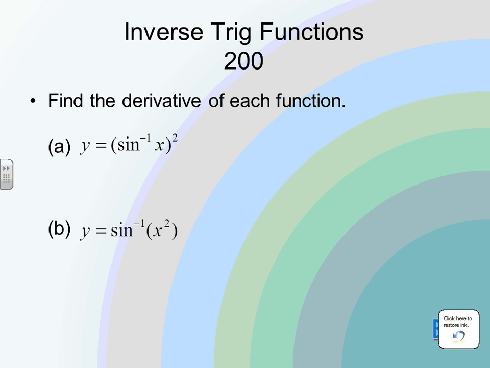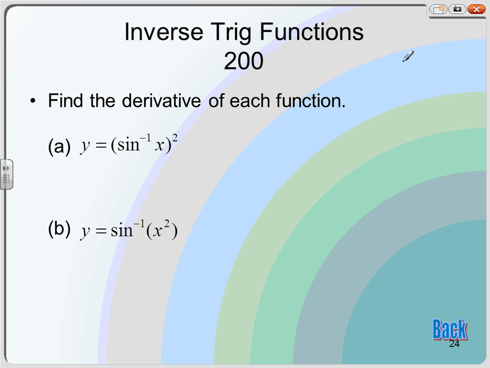Okay, next up, find the derivative of each function. I told you that you're going to need to know two different things for your test. The first one is the derivative of inverse sine, which is 1 over the square root of 1 minus x squared.